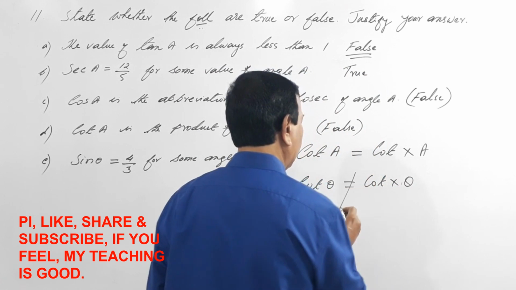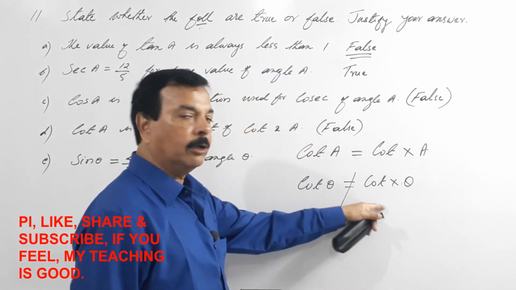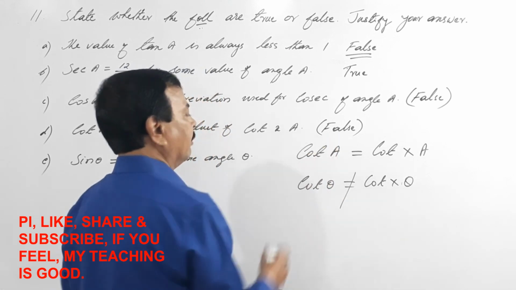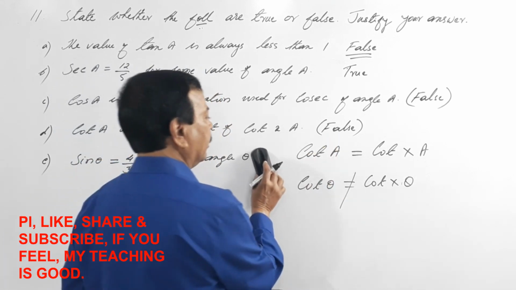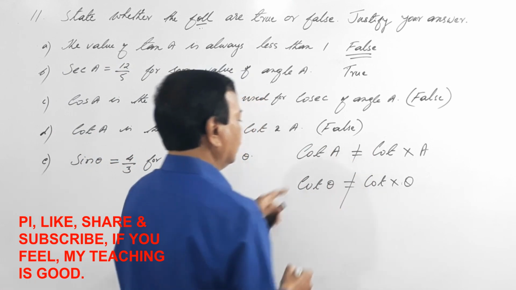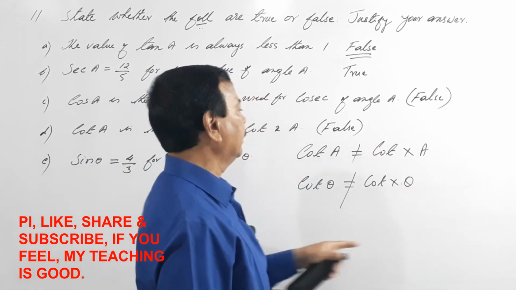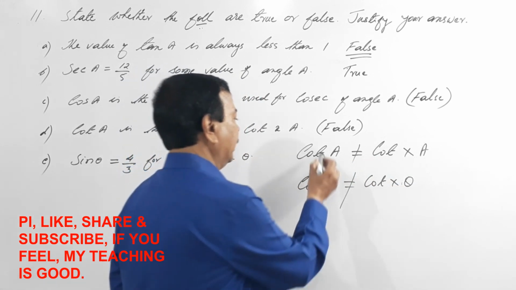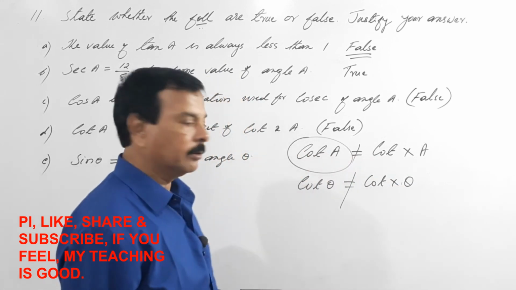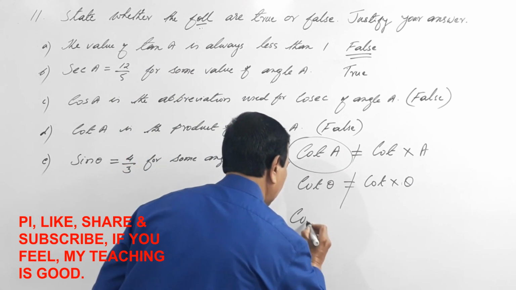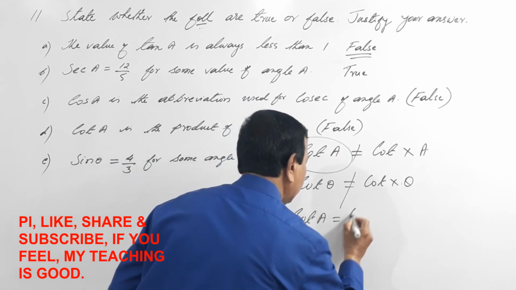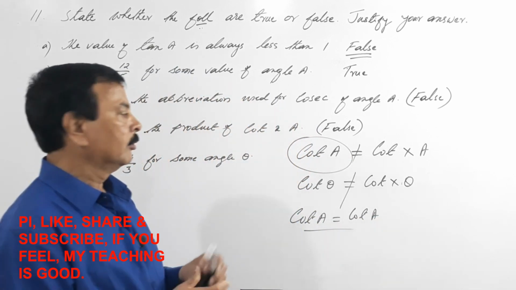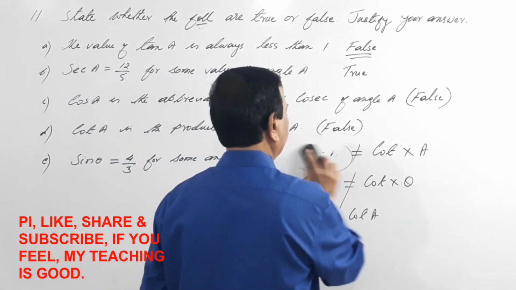Cot theta is not equal to cot into theta. It's an angle. So this is false. Done. Cot A is not the product of cot and A. It is a single word, so cot A equals cot A itself. So that answer is false.